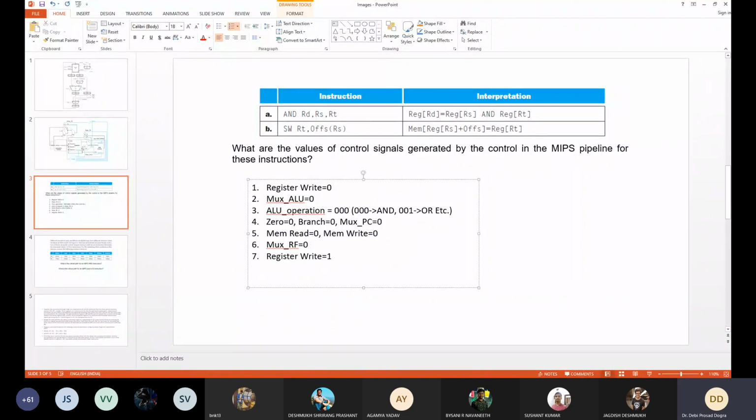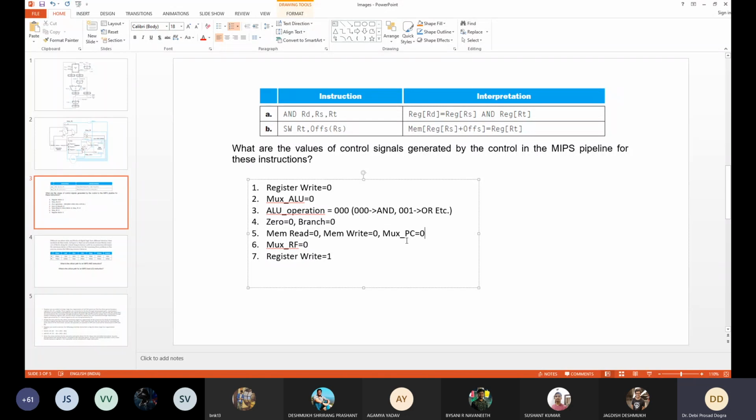Or rather you can give it later, because during that time the memory read write, you can give it during this time, because in the previous stage 0 and branch are coming. So the multiplexer PC will be something like that.